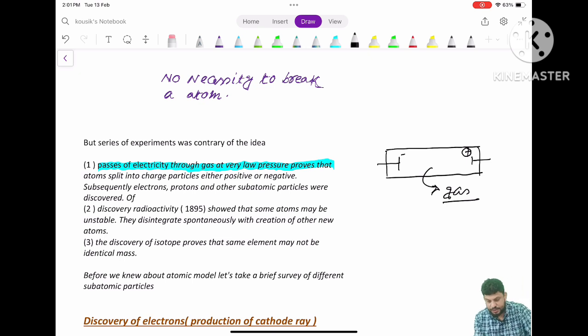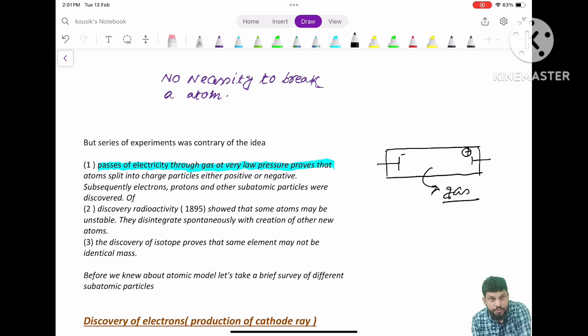If we consider that an element is made of atoms, then how can electricity pass through the vacuum? Something must come from the atoms which helps to pass electricity through the gas.